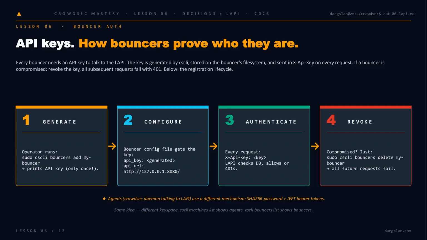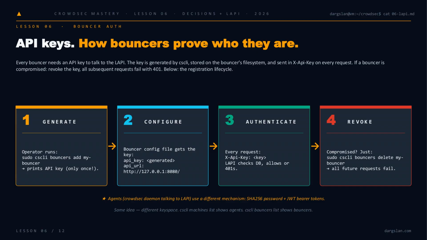So how does a bouncer actually authenticate? The lifecycle is 4 steps. You generate a key with sudo cscli bouncers add my-bouncer, and pay attention because it's printed exactly once. You paste it into the bouncer's config alongside the LAPI URL, and from then on, every request carries it in the X-Api-Key header. If the bouncer ever gets compromised, cscli bouncers delete kills it instantly, and every future call comes back 401.